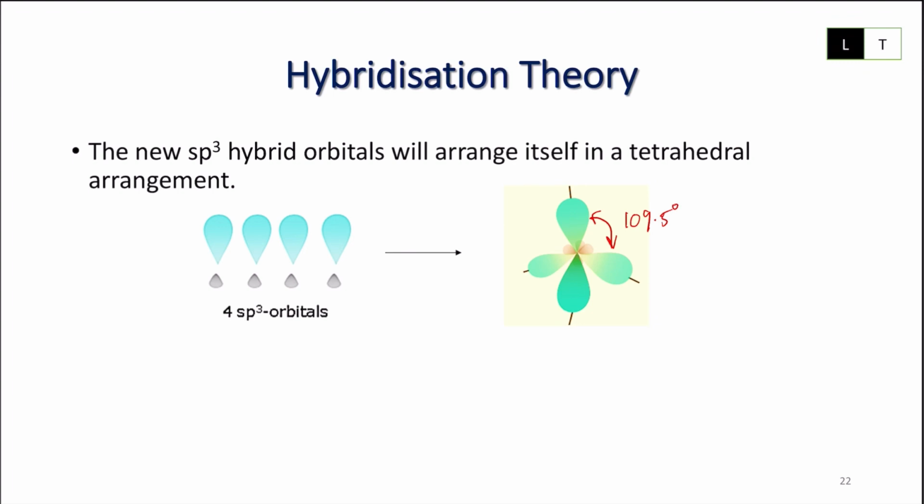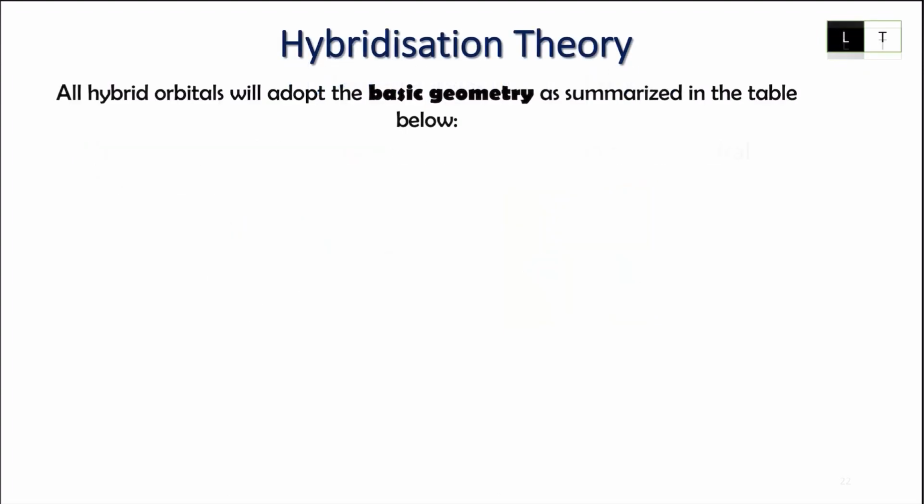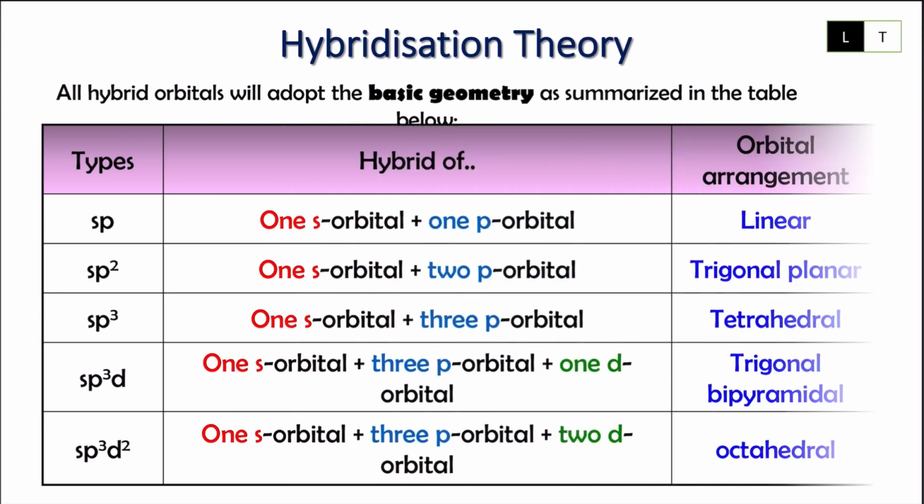So macam mana kita nak tahu, nak relate type of hybridization with basic shape? I make a summary here. You can see that there are 5 common types of hybrid orbitals. Contoh sp kita ada 1s, 1p dan bentuk dia linear. sp2, 1s, 2p, trigonal planar. sp3, 1s, 3p, tetrahedral.